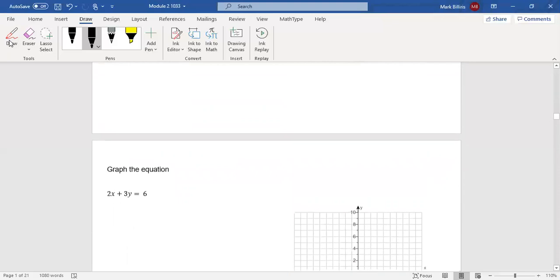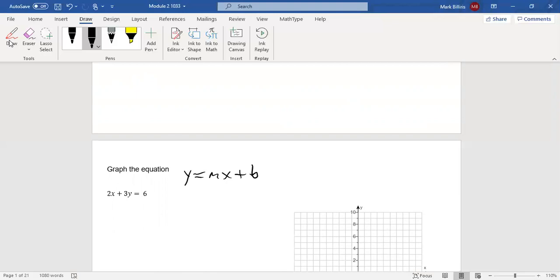My next example, I have 2x + 3y = 6. Notice it's not in slope-intercept form. So slope-intercept form is y = mx + b. So here I have different alternatives to graph, but I want to keep with graphing my lines using slope-intercept form for now.